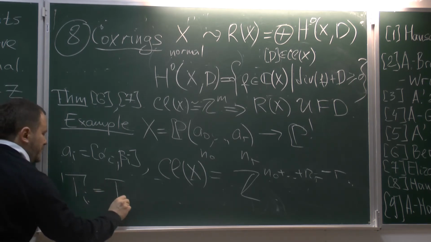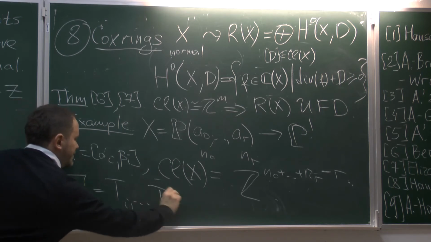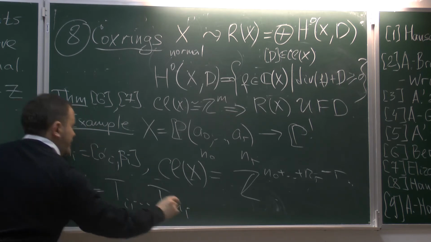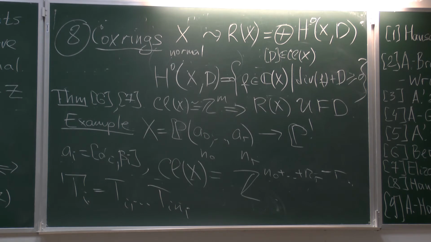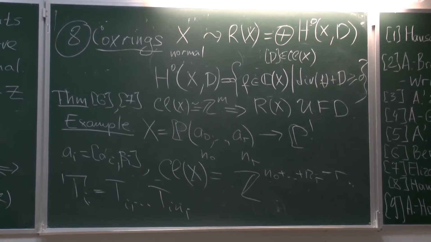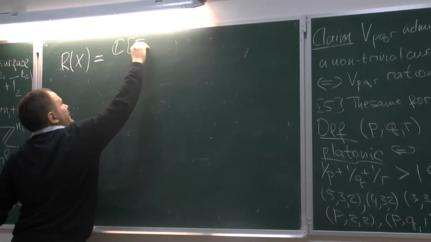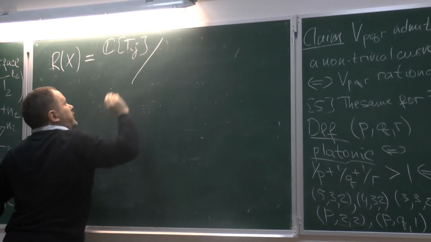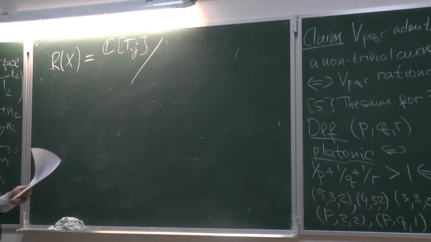So this will be Ti1, Ti, and I. All exponents are 1, so this is a particular case of this. And then the claim is that the Cox ring of such a one-dimensional pre-variety is the quotient of the polynomial ring in these variables modulo some trinomial relations.